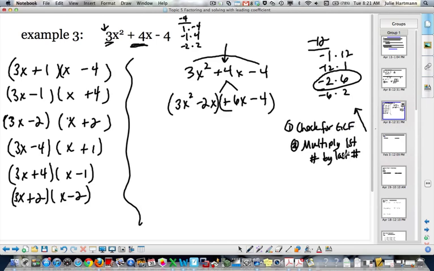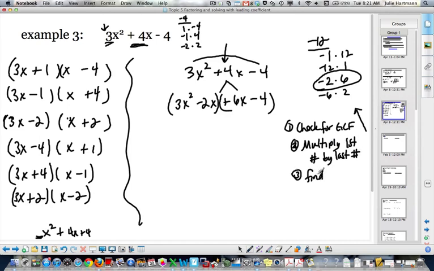And this is if there's a coefficient in the front other than a 1. So you wouldn't do this if you just had x squared plus 4x plus 4. You wouldn't do this process because there's not a number in front of those. You can straight just factor that. When it's like this, we check for greatest common factor. We multiply the first number by the last number.